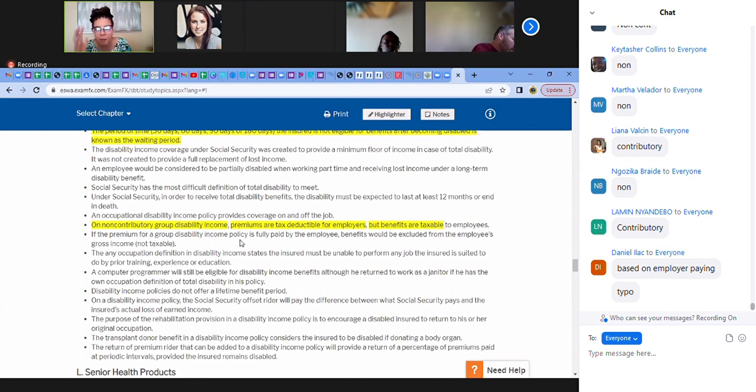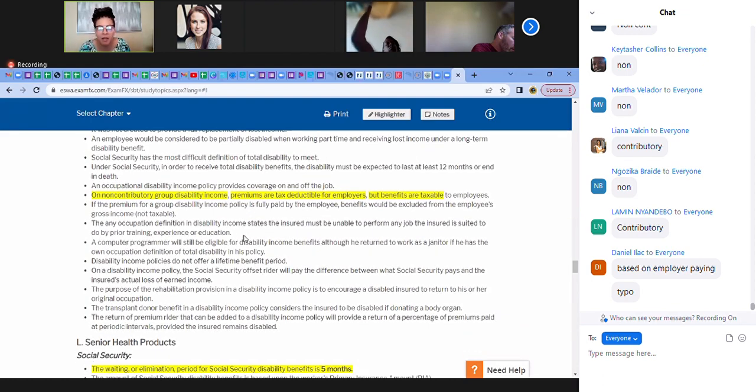So when the employee doesn't pay anything, the employer gets a tax write-off. But here's the key: the employee is still going to pay taxes on the benefit. If my disability plan pays me $5,000 a month, I pay taxes on my benefit, but the employer gets a tax write-off.